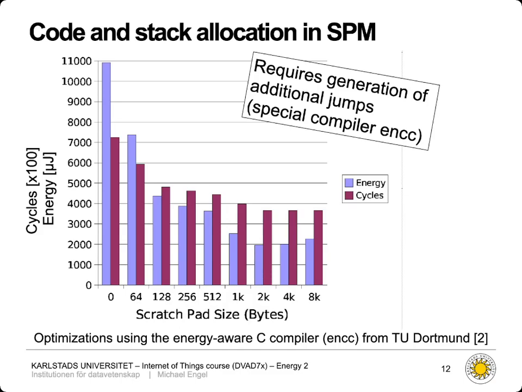You can see the curves here are looking quite similar. Depending on the scratchpad size, you can save energy by a factor of more than 5 with just this 2 kilobyte scratchpad size, considering a mix of different benchmarks. This was obtained using the energy aware C compiler ENCC, which is available from Dortmund Technical University.